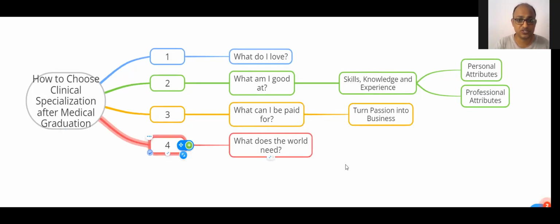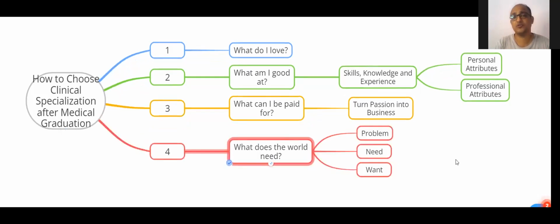So the next question you should answer is, what does the world need? The world may need thousands of things, but how will you choose what is aligned with you? What the world actually needs is: are people facing any health problems that you want to solve?